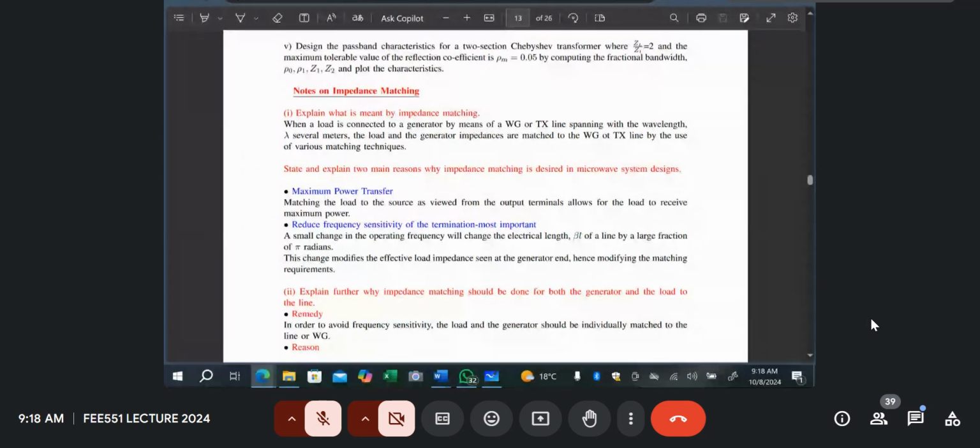When we say that we are reducing the frequency sensitivity of the termination, that signal that has a shift in frequency, what do you think is happening to it? What physical phenomena is happening to a signal which has a shift in its center frequency?